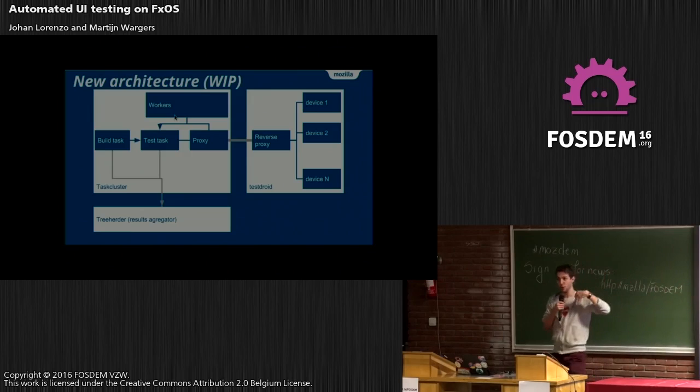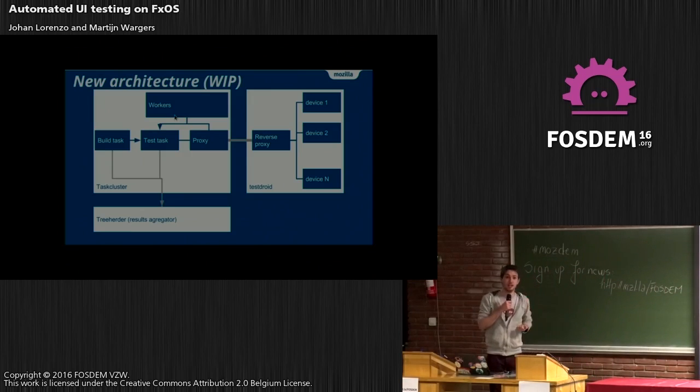So the test task doesn't own anything. It's actually a Docker instance somewhere on an Amazon instance. So we don't have any more Mac Minis to pile up and plug devices into.